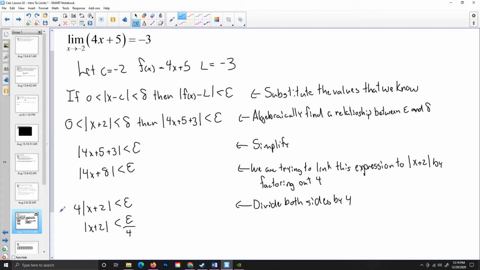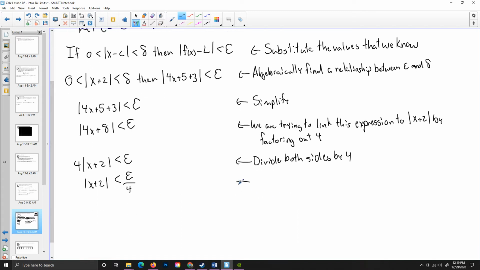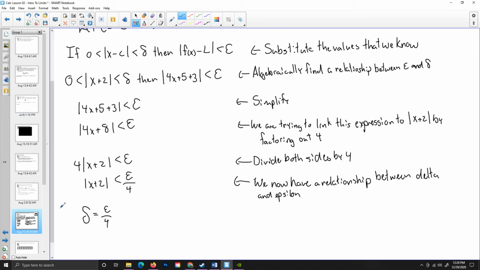And now we can say what our relationship between delta and epsilon is. And that relationship is going to be that our delta is equal to epsilon over 4.